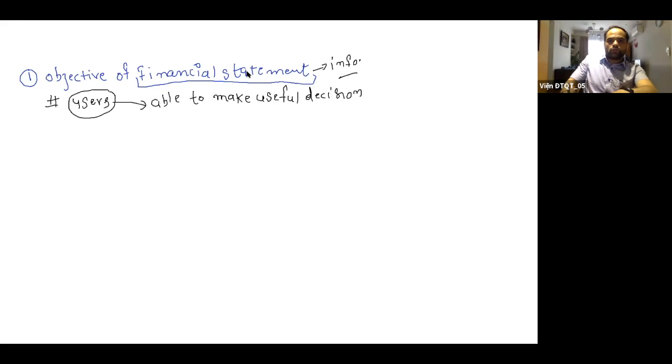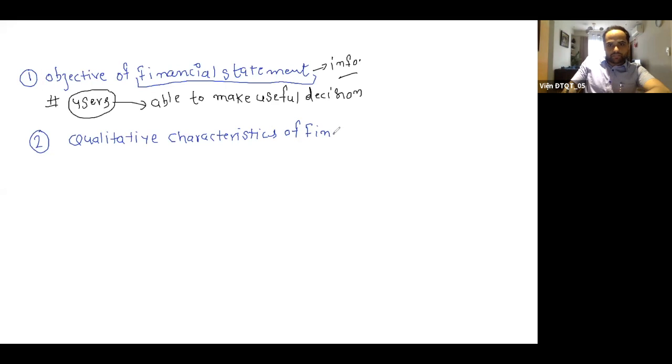second, which is qualitative characteristics of financial information, or financial statements. Financial information means information which comes from financial statements.